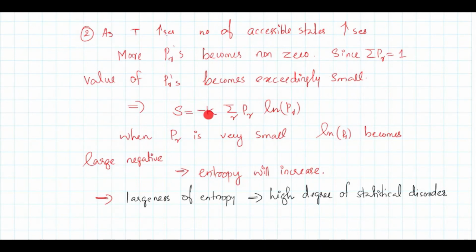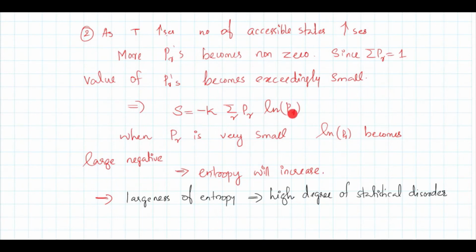S is equal to minus K sigma R PR log PR. When the PR value is very small, log PR becomes a very large negative value. Because log 1 is 0, and if you reduce the value from 1, then the log becomes negative, and as the value decreases, that becomes a very large negative value.